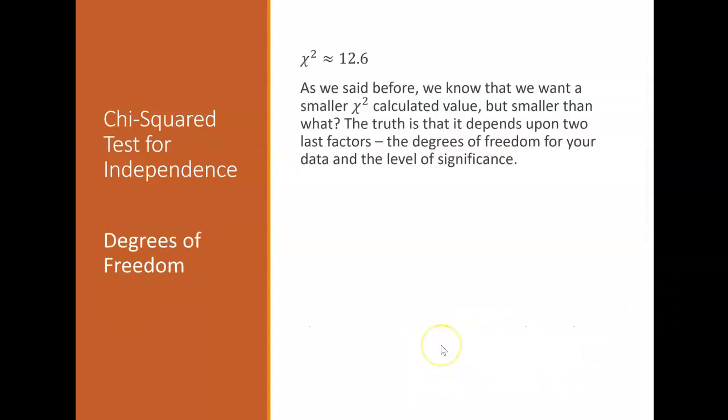Same idea as before. So to get a chi-squared critical value, we need two things: a level of significance and a degrees of freedom.